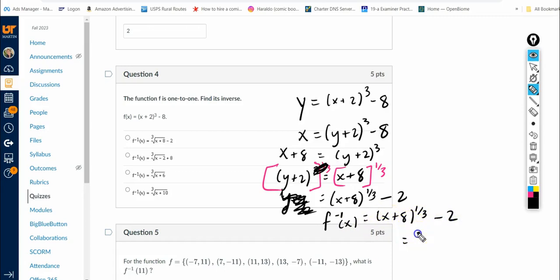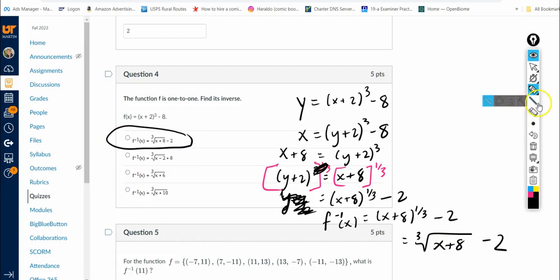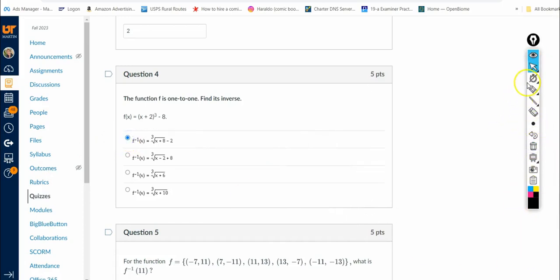The 1/3 power is the same as a cubed root. So there's the one that we want. Okay. So I'm going to click on that one. Okay.